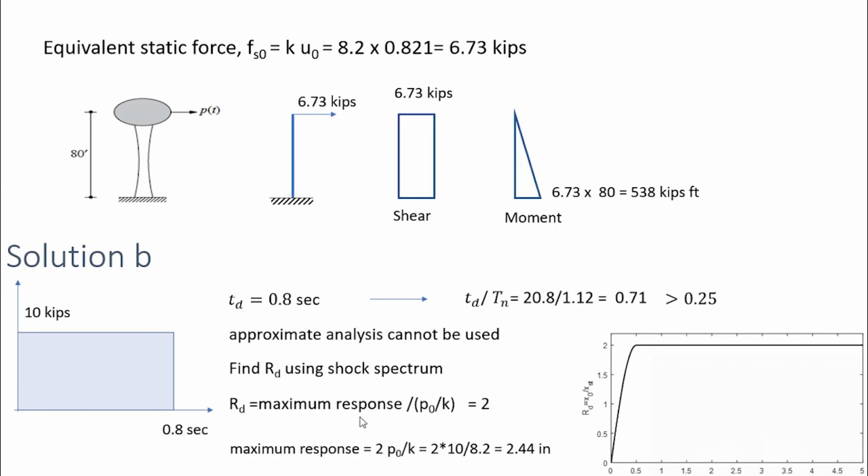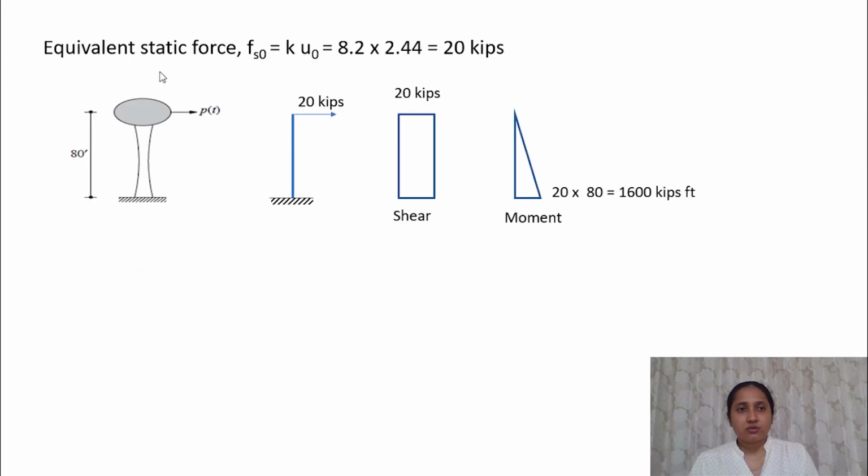So we can find the maximum response. We know the P0, that is equal to 10 kips, and K is already given as 8.2. If we substitute the values, we would get the maximum response as 2.44 inches. Now, similarly as we did here, we can find the force and the moment, shear, etc. The equivalent static force now is equal to K times U0, that is 8.2 times 2.44, which comes to 20 kips.